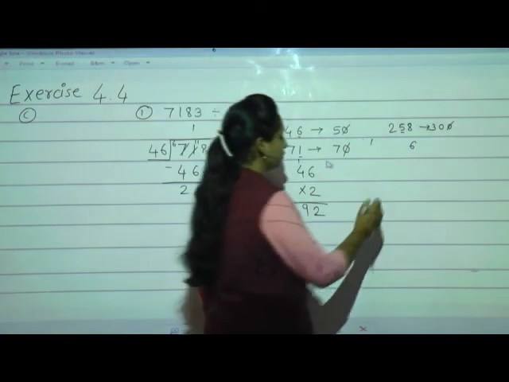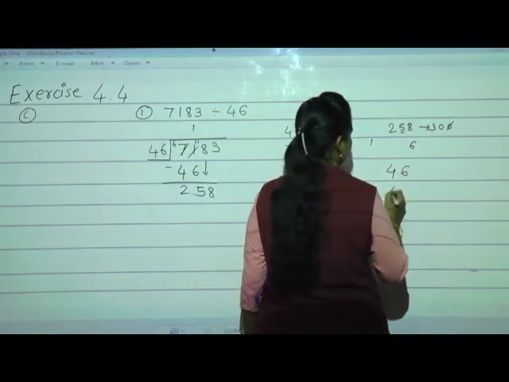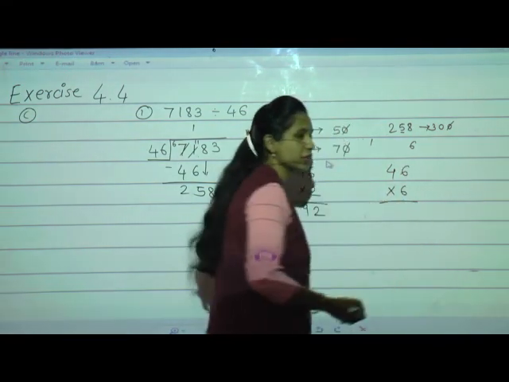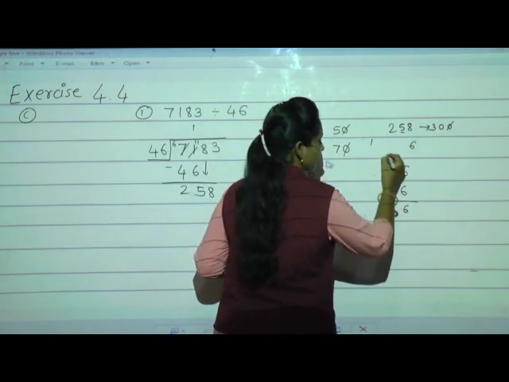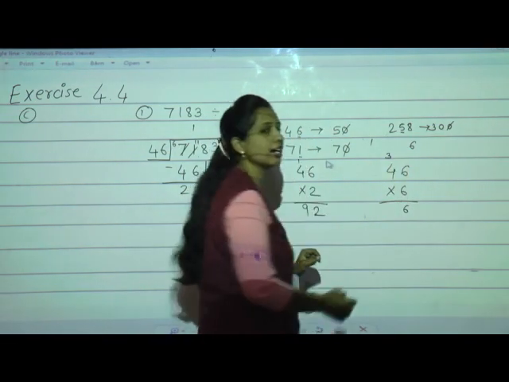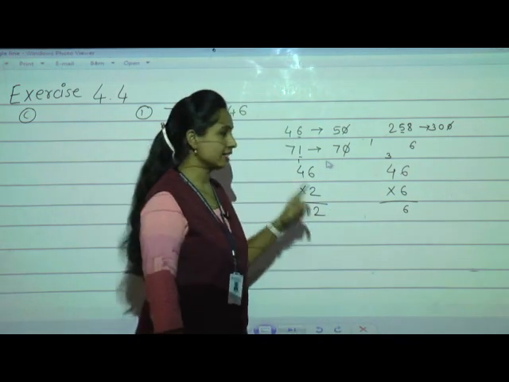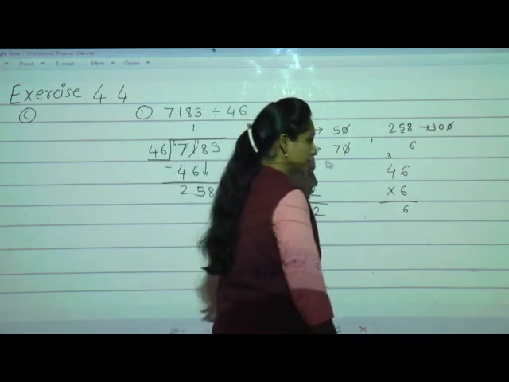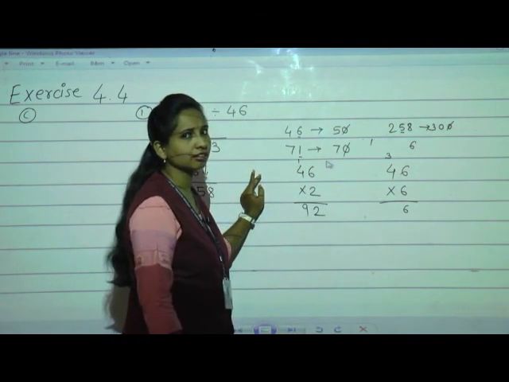Now we will try the estimated quotient with the actual divisor. 46 multiplied by 6. 6 6s are 36, isn't it? 6 4s are 24. 24 plus 3, 27. Is it correct?